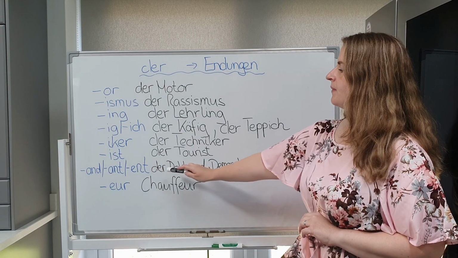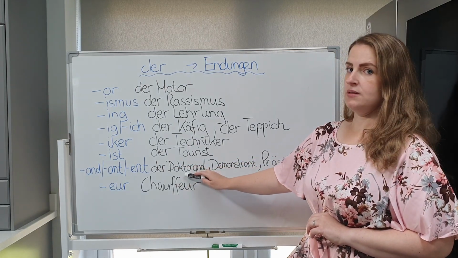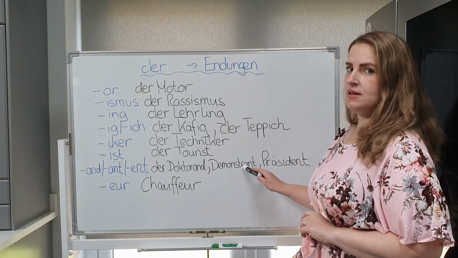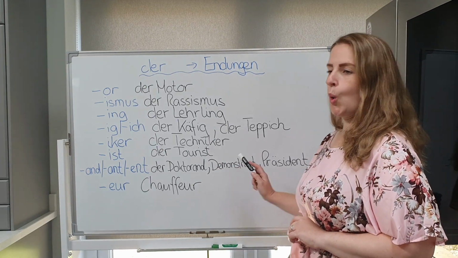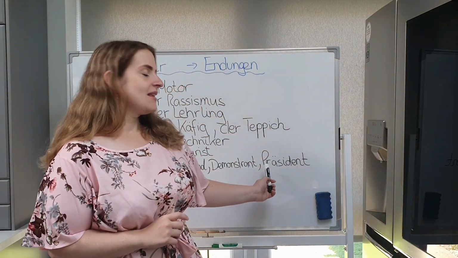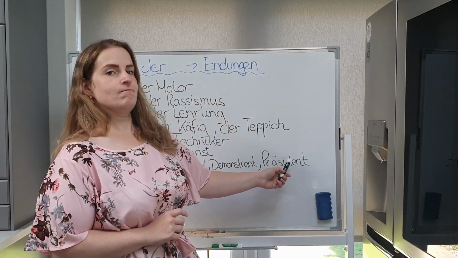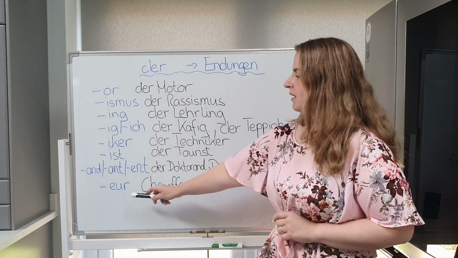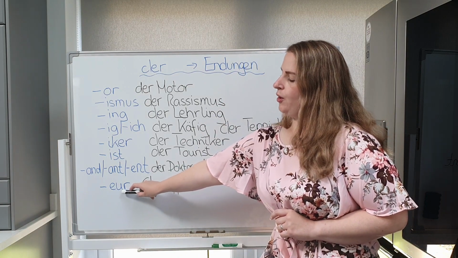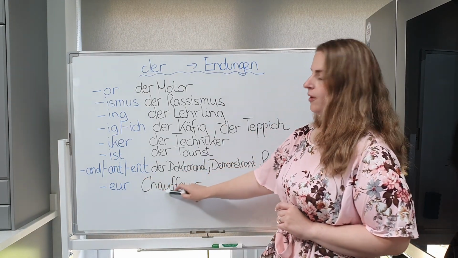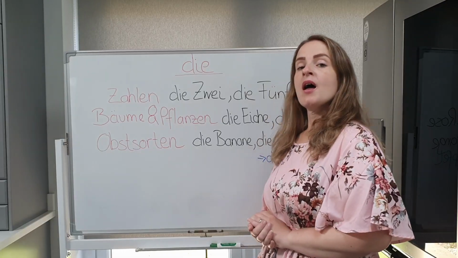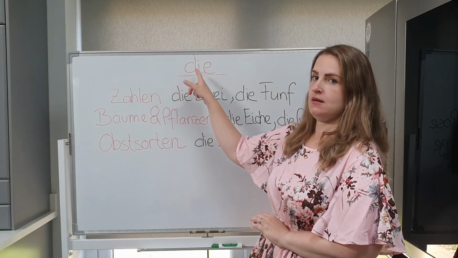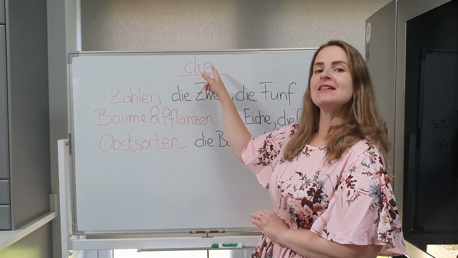For example, der Doktorand, the doctoral candidate. Demonstrant, the protester, or der Präsident, the president. And words ending with eur, like chauffeur, the chauffeur.